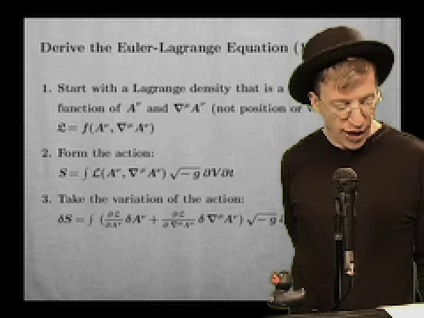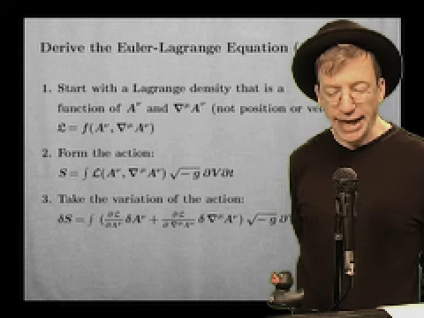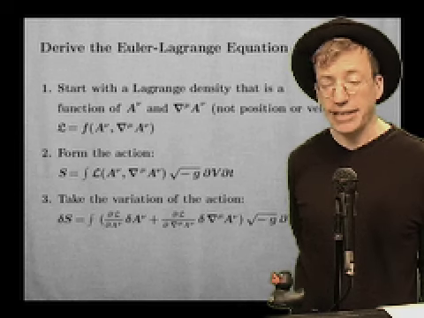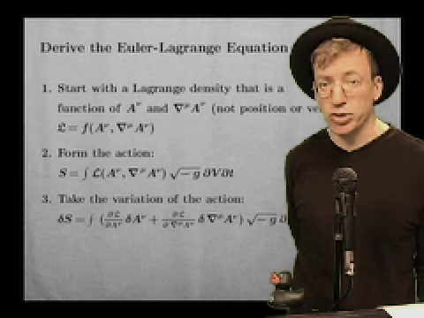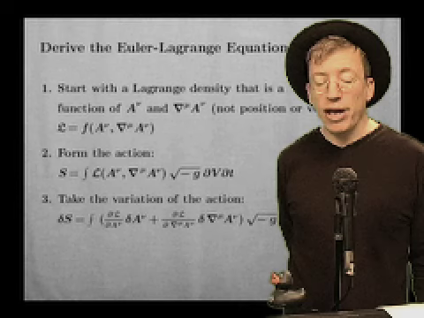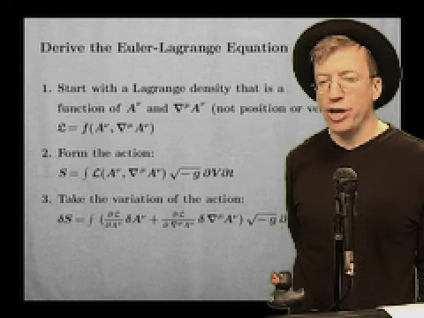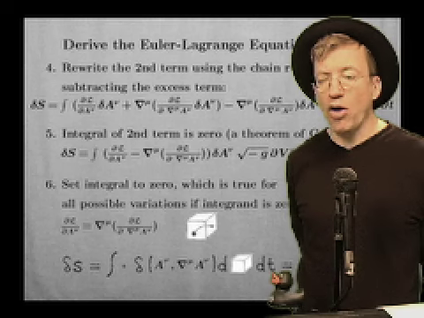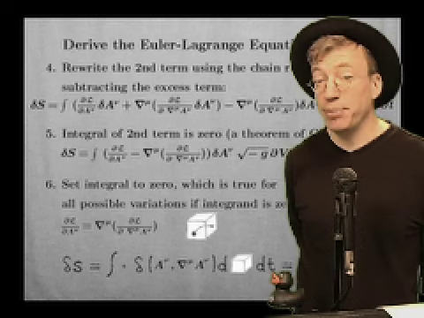We do the variation by taking the derivative of the Lagrangian with respect to the potential and taking the derivative of the Lagrangian with respect to the change in potential. Now, it'd be really nice if somehow we could rewrite this so that it was all expressed in terms of the change in potential.